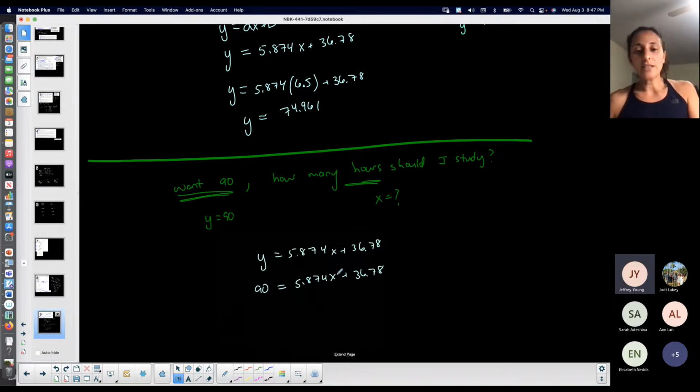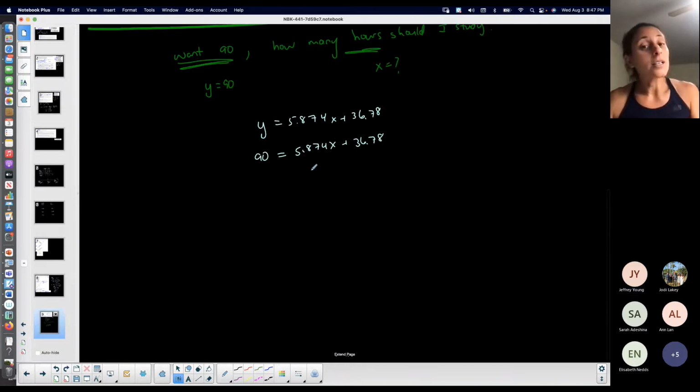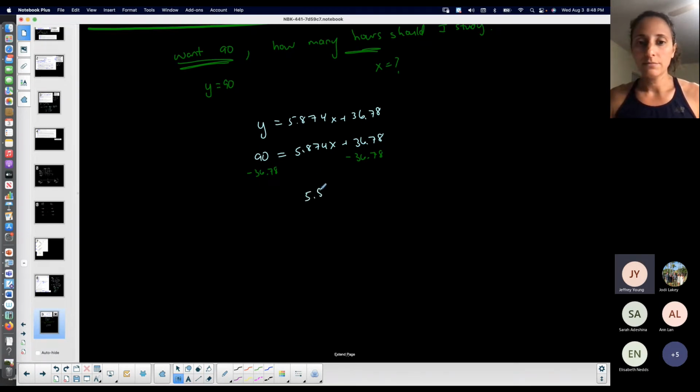And now I have to solve for x, which is not so bad because mathematically, we have to get rid of this first. You guys are not doing any crazy algebra, so you could follow this process every time if you're trying to find x, because it's going to be the same movement algebraically. If this is being added, you subtract that value, or if it's being subtracted, you add it.